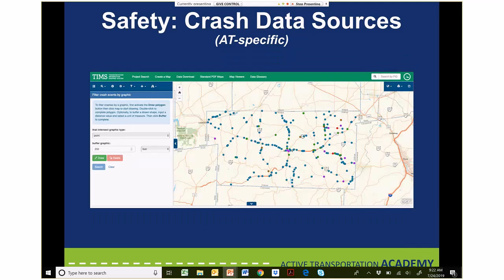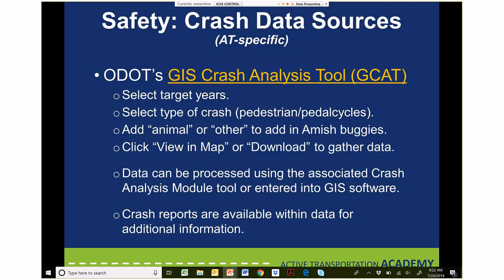Again, we'll use TIMS to take a look at what the crash situation is in your community. We'll also take a look at the GIS crash analysis tool, or GCAT, which you might be familiar with already, and we'll walk you through how to actually make a crash report for your community.